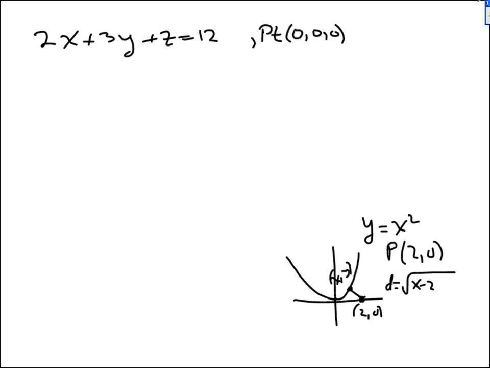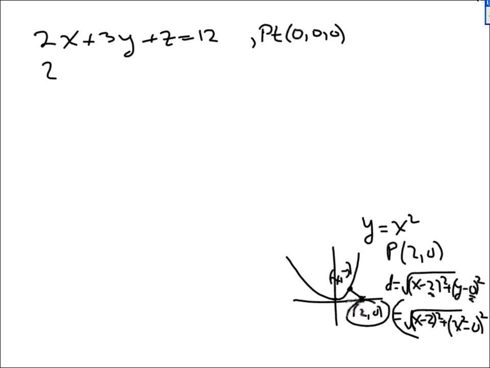It was x minus 2 squared plus y minus 0 squared. 2 and 0 came from the point, and then you eliminated one of the variables. You eliminated y. You said that y was x squared. And you minimized d. Well, we have the same analogy here.